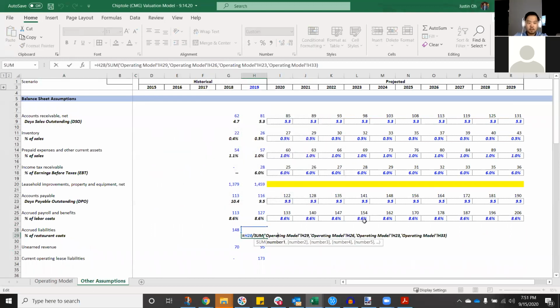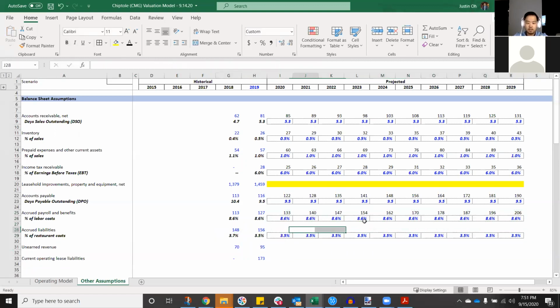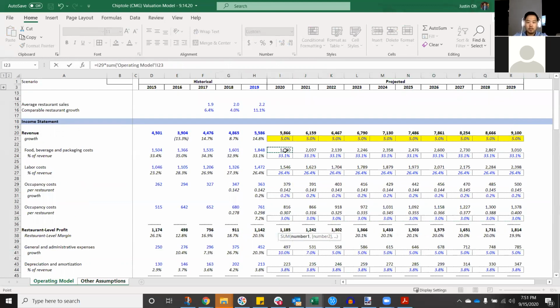I'm going to lock these because I'm going to use it for the next one. Well, actually I won't. So 3.5%, do the same thing, but remember to change this: equals this times the sum of 2020 costs.